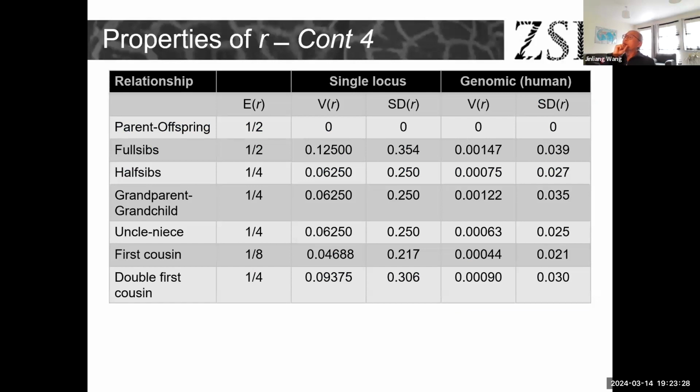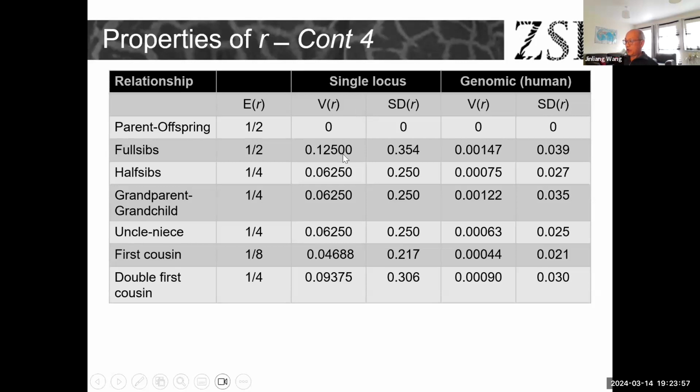So in this table, we have a summary of some of the relationships in terms of their single locus variance and the genome-wide variance of relatedness. Of course, the expected value is invariable among loci. It is always the same value.